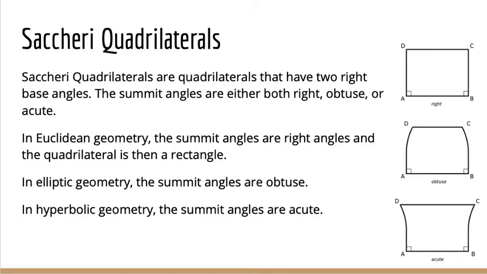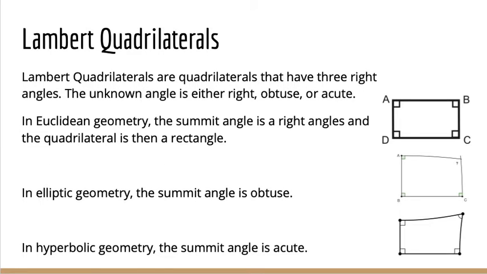In elliptic geometry, the summit angles would be obtuse, which you see in the second picture. In hyperbolic geometry, the summit angles would be acute as shown. For Lambert quadrilaterals, there are three right angles and one unknown angle.